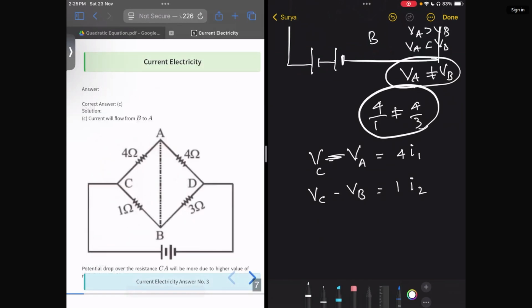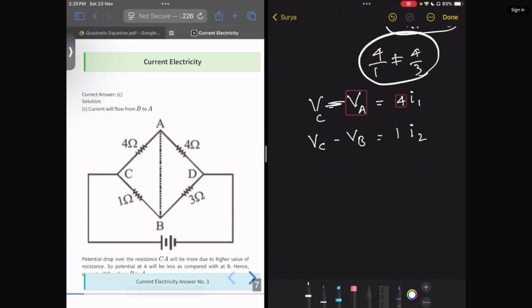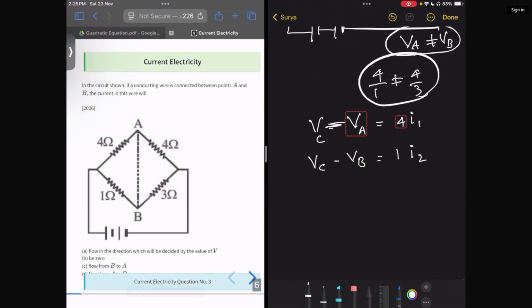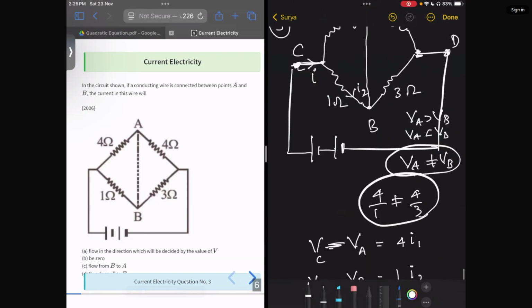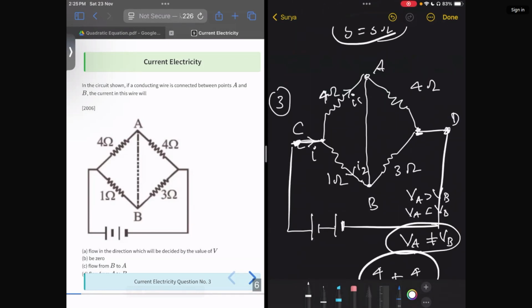How will we know which potential is higher? If you take the difference of these two, minus VA plus VB is equal to 4I1 minus I2. Still we don't know I1 and I2. So how will we get the ratio of current division?